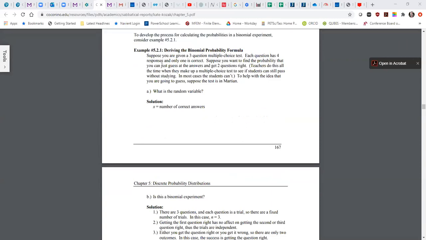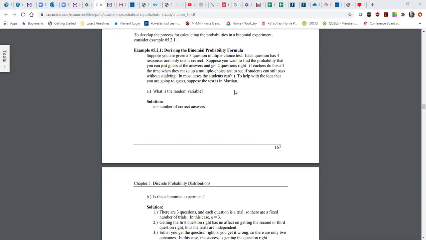Suppose you find the probability that you can just guess at the answers and get two questions right. Teachers do this all the time when they make up a multiple choice test, to see if students can still pass without studying. In most cases, the student can't. To help with the idea that you are going to guess, suppose the test is in Martian.